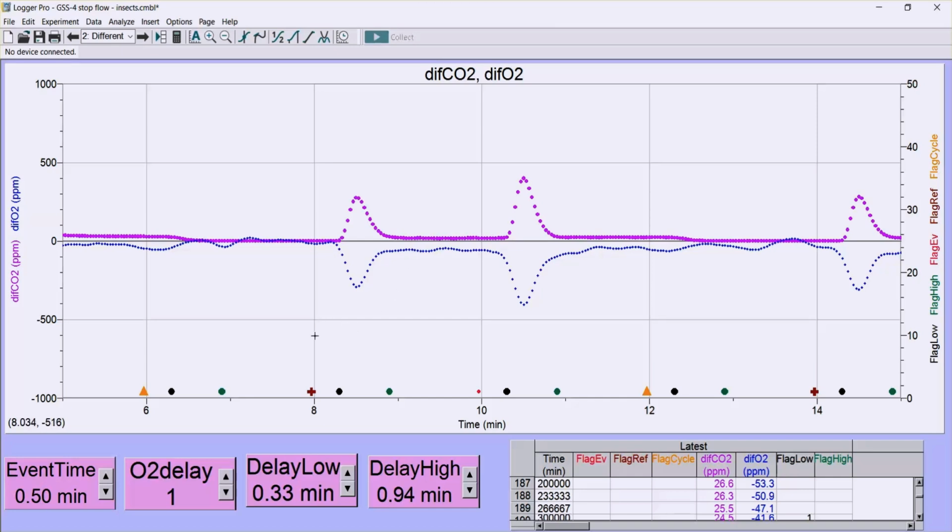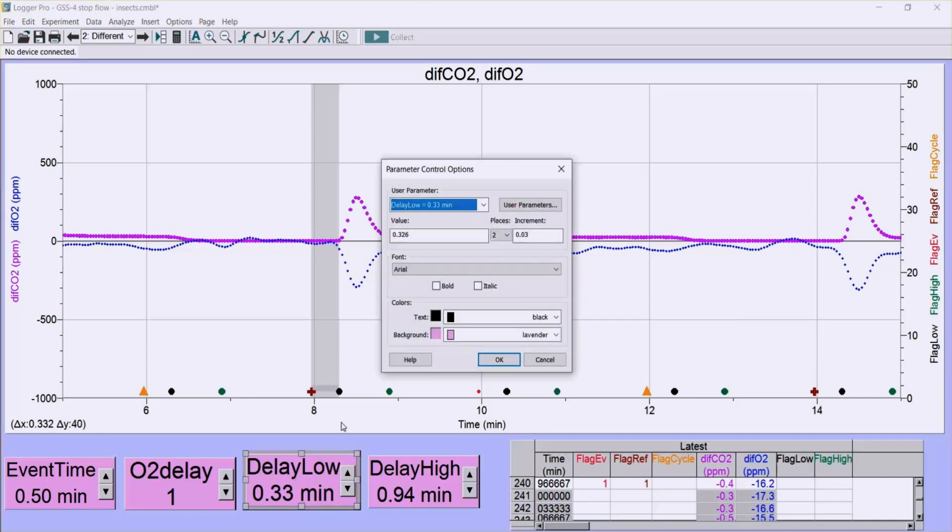And to do this, you highlight first. We're going to select delay low. You highlight the data from the switch into that channel. So in this case, we're looking at data of channel 2. So the switch occurs here with the red cross, and you highlight the data up to the point where the CO2 and O2 start to increase, and you check in the corner here what that delta x is, and it's 0.332, and that is the number that you will enter under delay low.